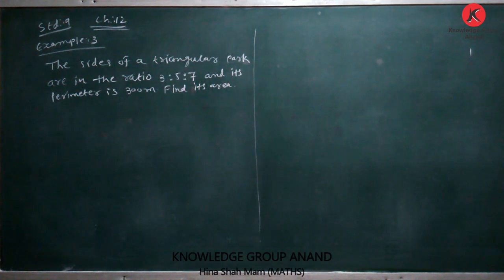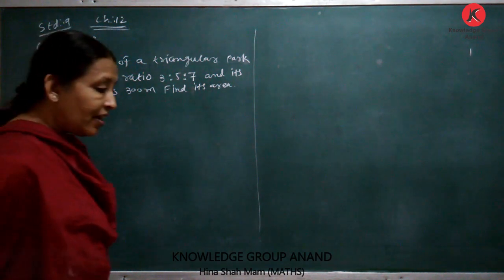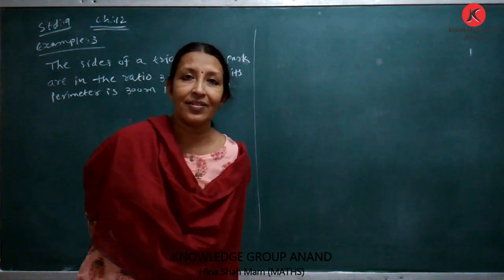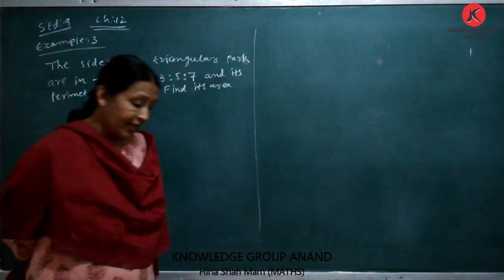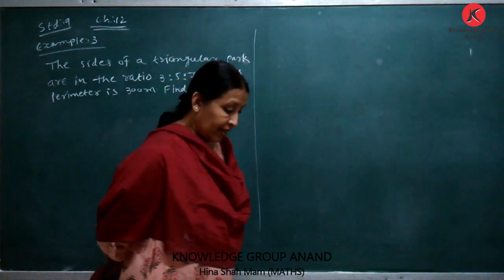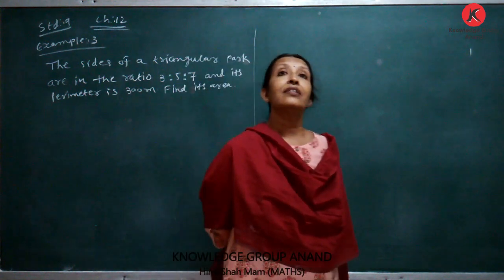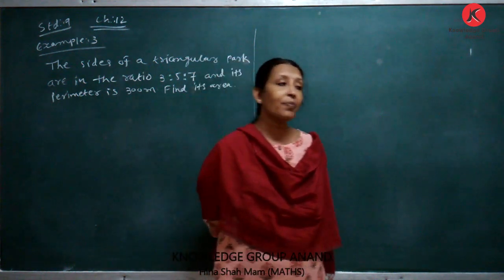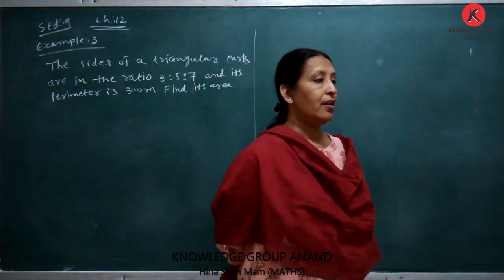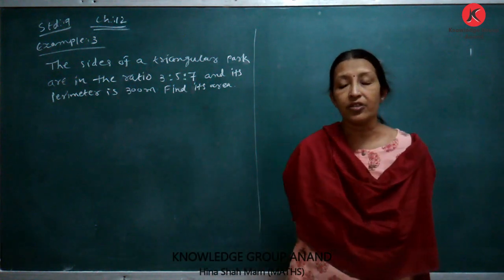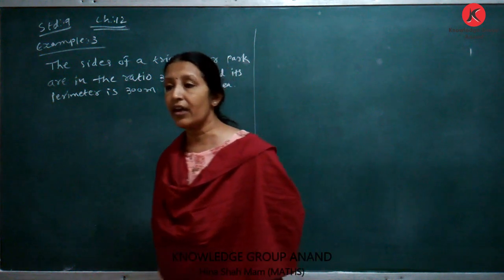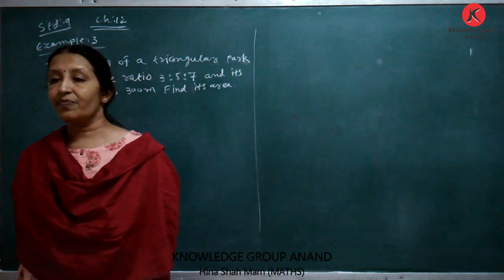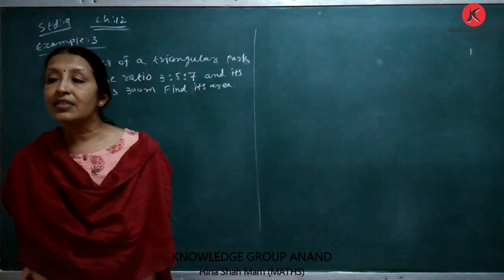In last lecture we started our chapter 12, Heron's formula. What is Heron's formula to find the area of a triangle?